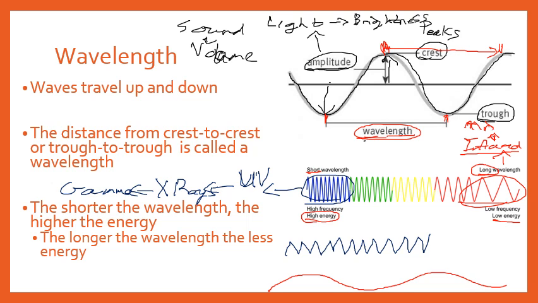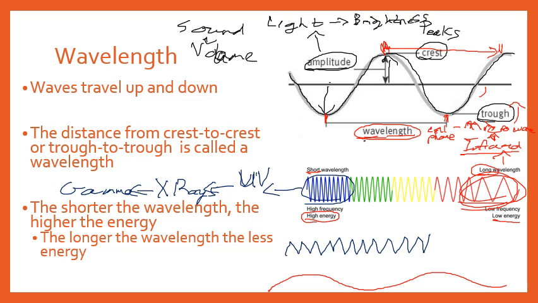So microwaves, they're even longer than red light and even longer than infrared, and they're able to shake molecules. That's how your microwave works. It's also how your cell phone emits its signals, using microwave light.